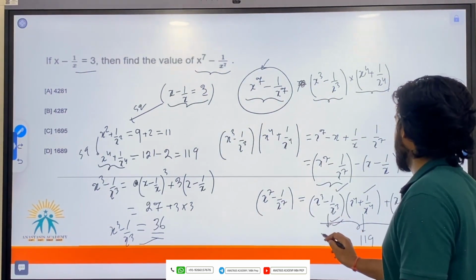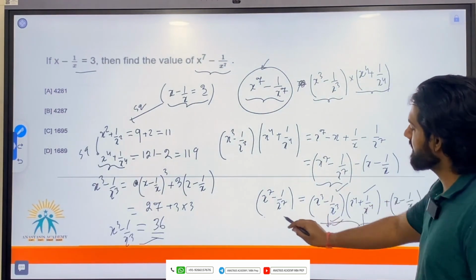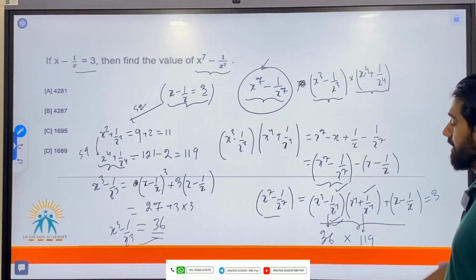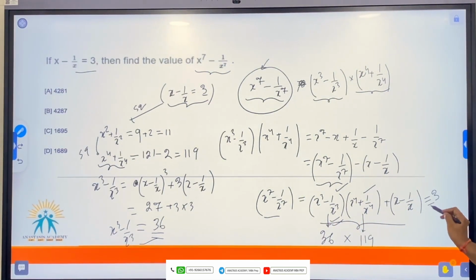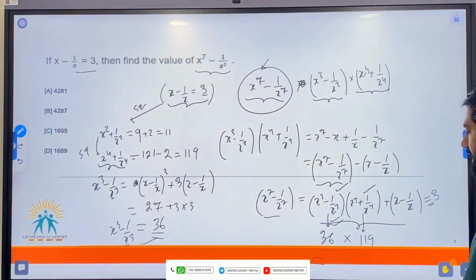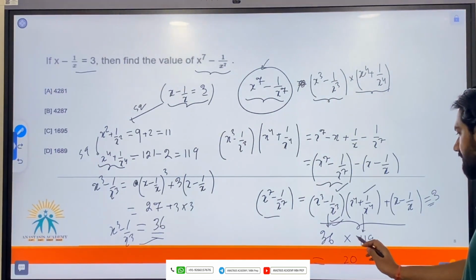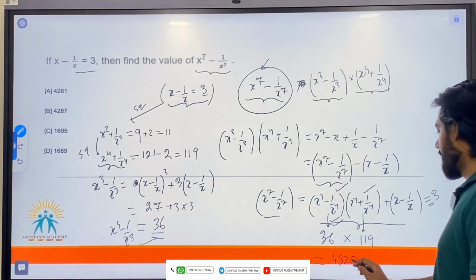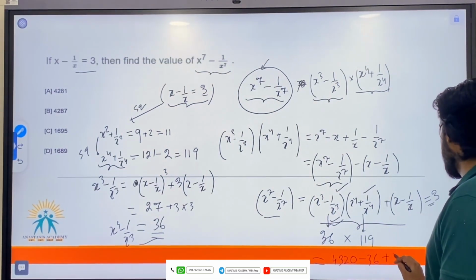So the value of this expression, x raised to the power 7 minus 1 upon x raised to the power 7, would be 36 into 119 plus 3. 36 into 119 is 36 into 120, which is 4320, minus 36, and it is plus 3.